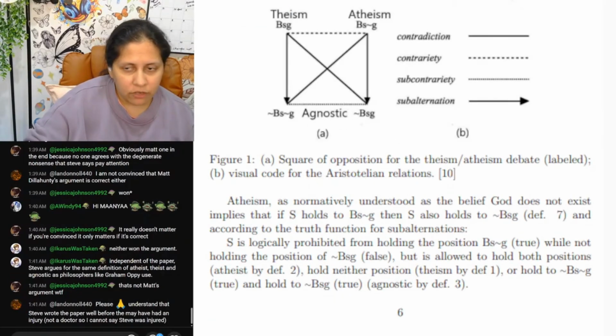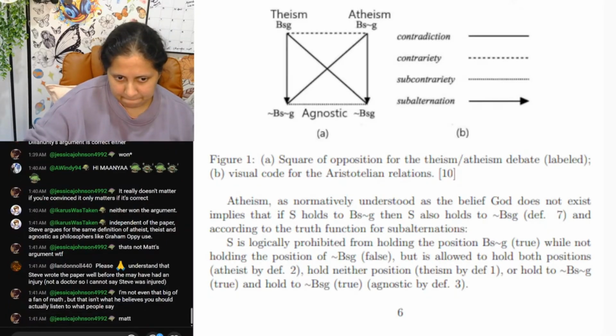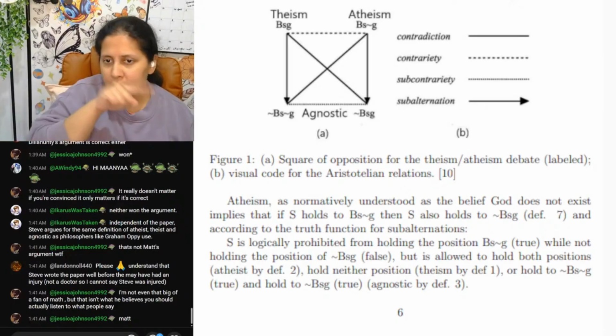So the downward arrows over here are one-way implications, which are subalternations, right? It's implication, not identity. So if theism implies weak theism, that means every theist satisfies the weak theist condition. That does not mean that every weak theist is a theist. And I think that's where Steve got it wrong. A downward arrow is not an equal sign.